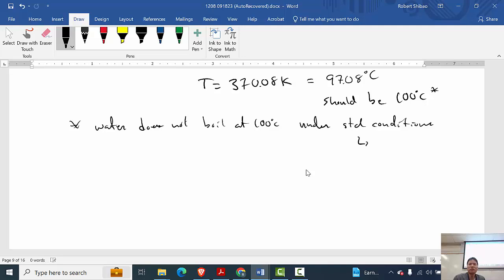Standard conditions are 1 bar versus 1 atmosphere. And so we know that there are 1.01325 bar in 1 atmosphere. And so if we're at 1 bar, then we're slightly lower than 1 atmosphere.